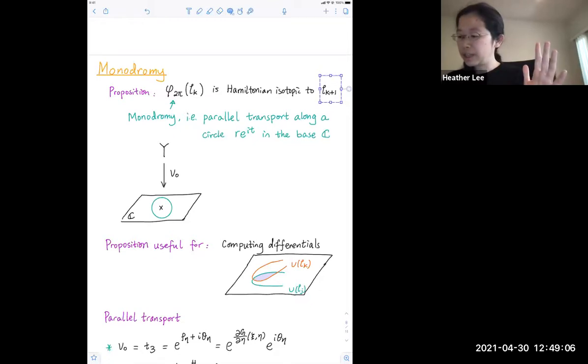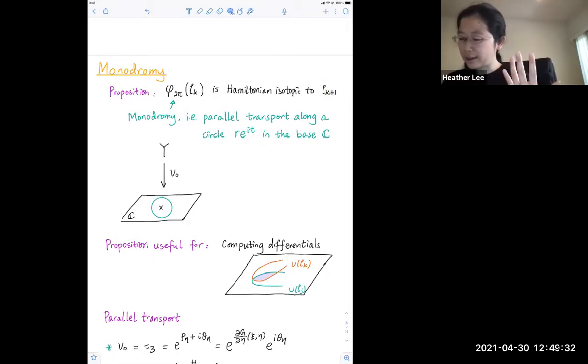So the monodromy is: you take a circle in the base of the fibration, and then you take a parallel transport of this Lagrangian LK around the circle in the base, and then you get something again in that fiber, and that's Hamiltonian isotopic to LK plus 1.